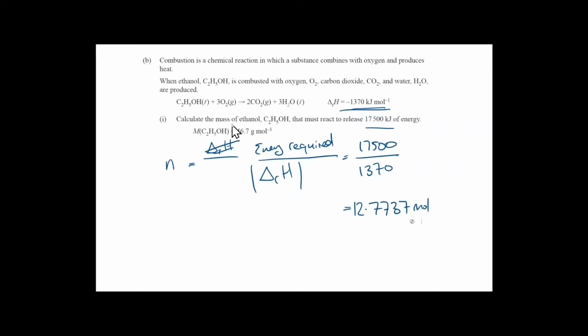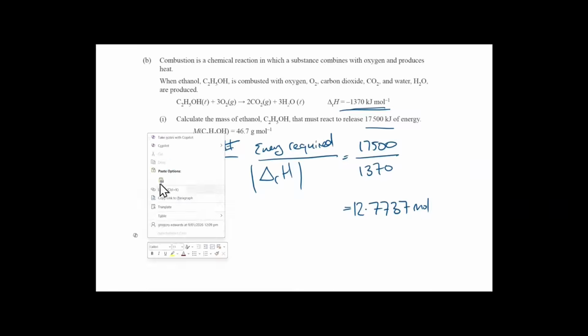It says calculate the mass, and they generally mean the regular physical mass of something, not the molar mass. But we are given the molar mass, and for that we can use our formula sheet, which is given.